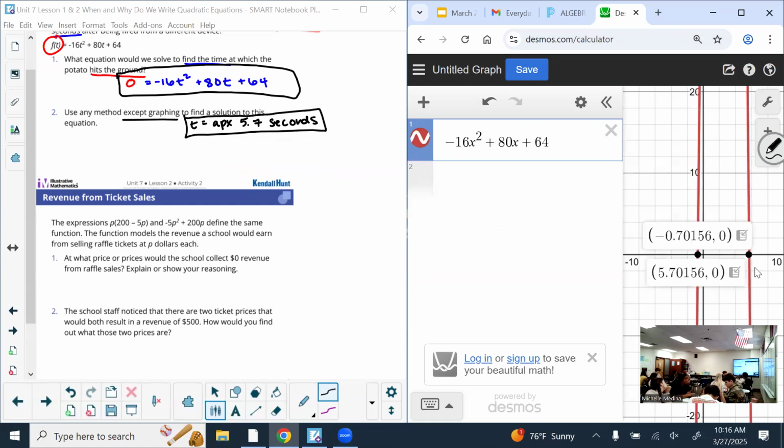Notice we have two x-intercepts, only one of them makes sense. And this is the decimal for when it actually hits the ground. 5.7 is a good approximation. All right, so questions on that.